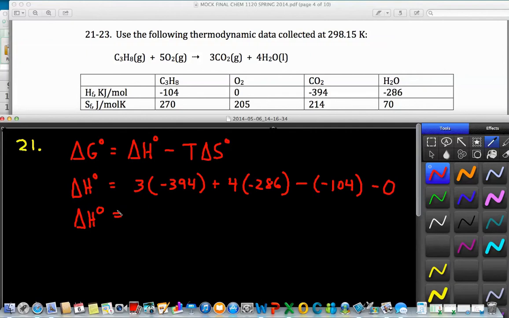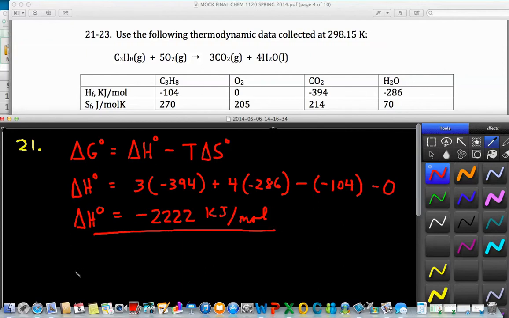So if we put this into our calculator, 3 times minus 394 plus 4 times minus 286 plus 104, we're going to get a value of minus 2222 kJ per mole.